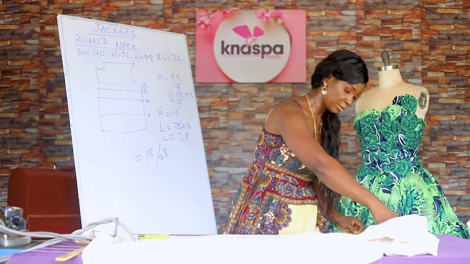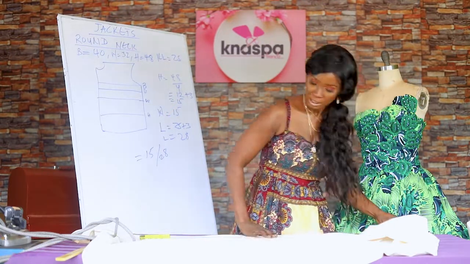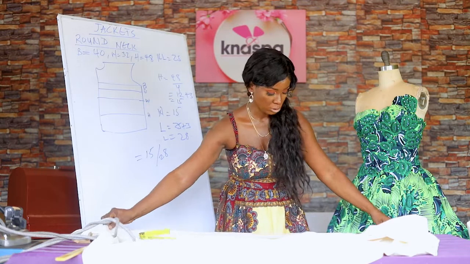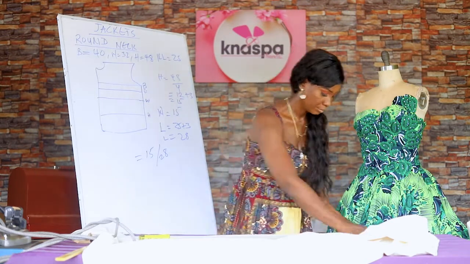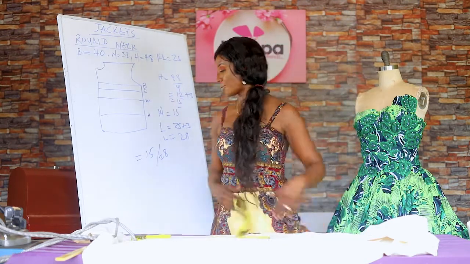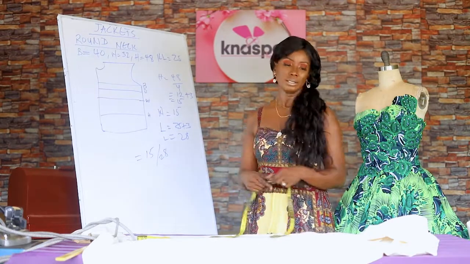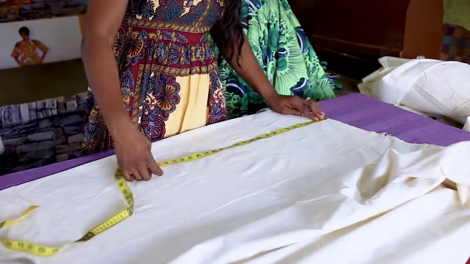So I'm going to check again if I'm getting my 15 inches. It's a little more, so I'm going to just draw it back. So 15. So our 15 inches on fold by the 28 inches length.